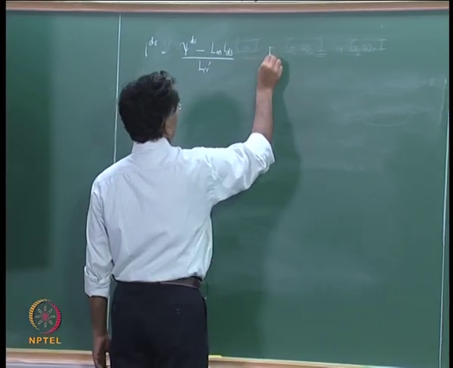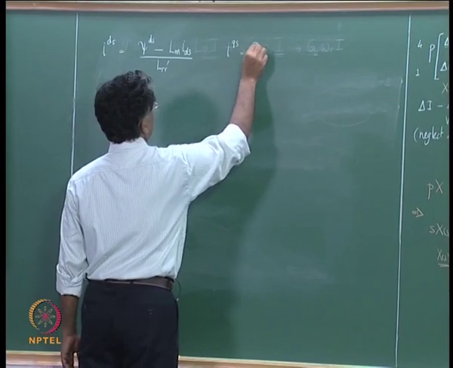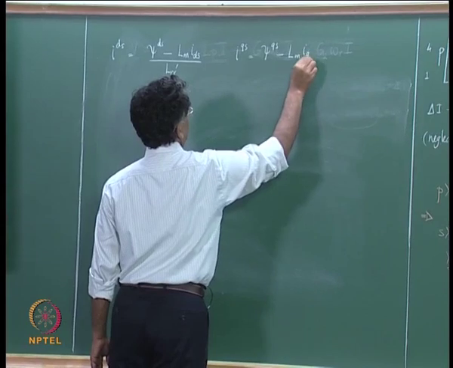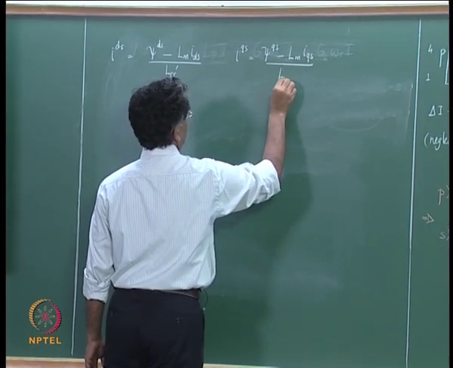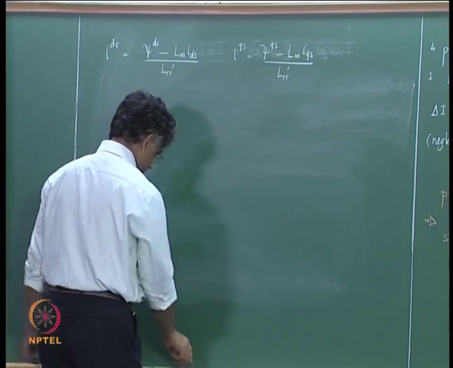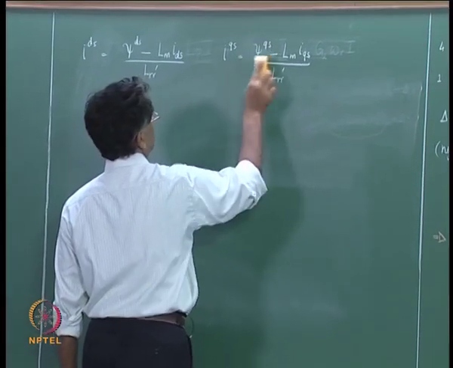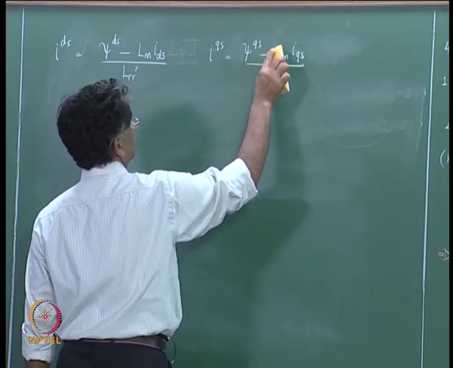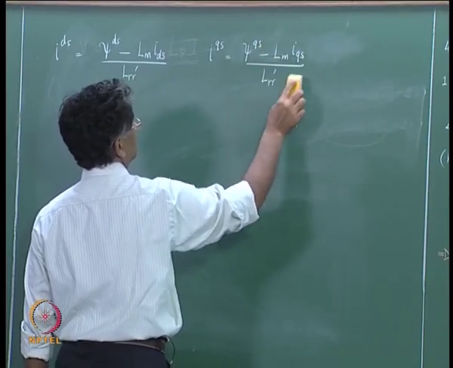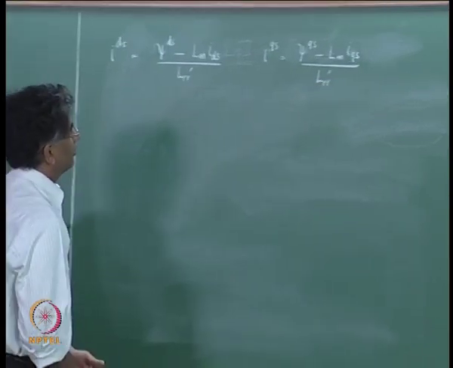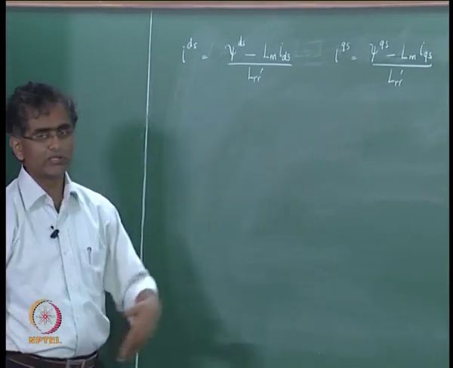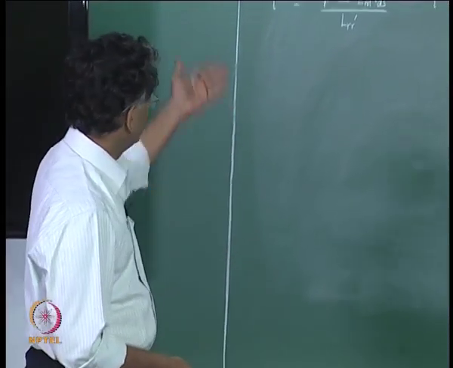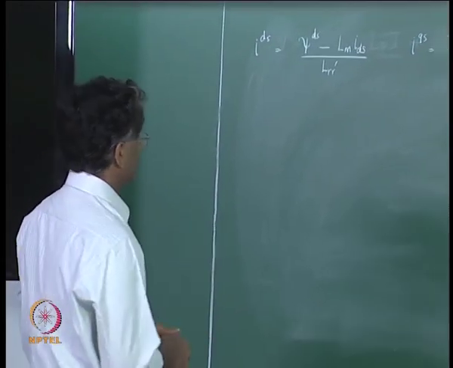Similarly, you can write Iqs' as psi qs' minus Lm into Iqs divided by Lrr'. So, what one has to do is replace the variables for the rotor Id and Iq by these expressions, so that those variables are eliminated.